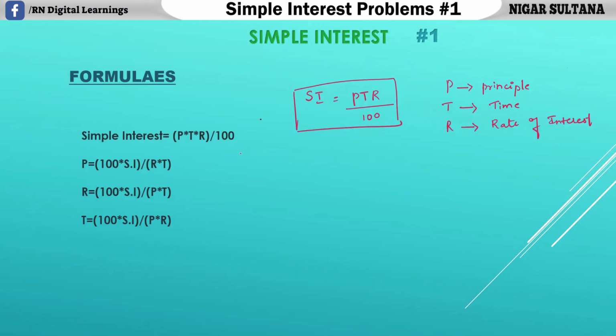Now, when they are asking for the principal, the formula to find the principal can be derived from this formula itself. They have given time, rate of interest as well as SI. So send this 100 to this side: 100 divided by... Now this T and R will move to the other side. It is in the form of multiplication, and when we move to the other side, it will be in the form of division.